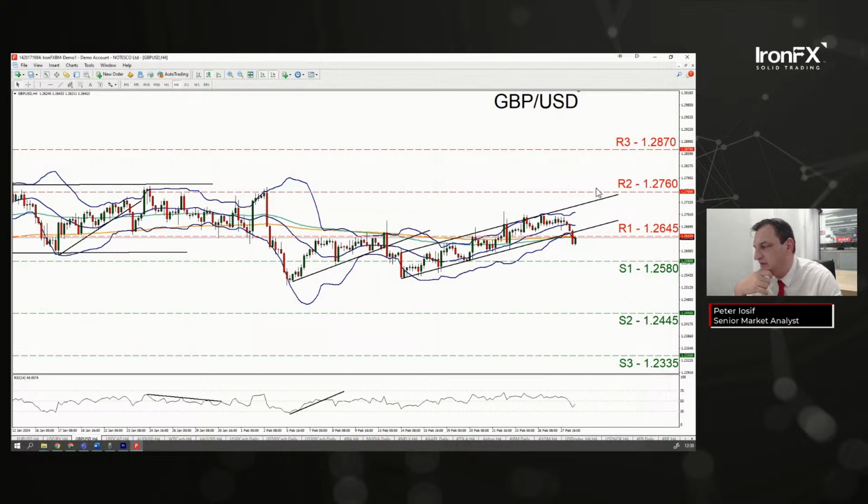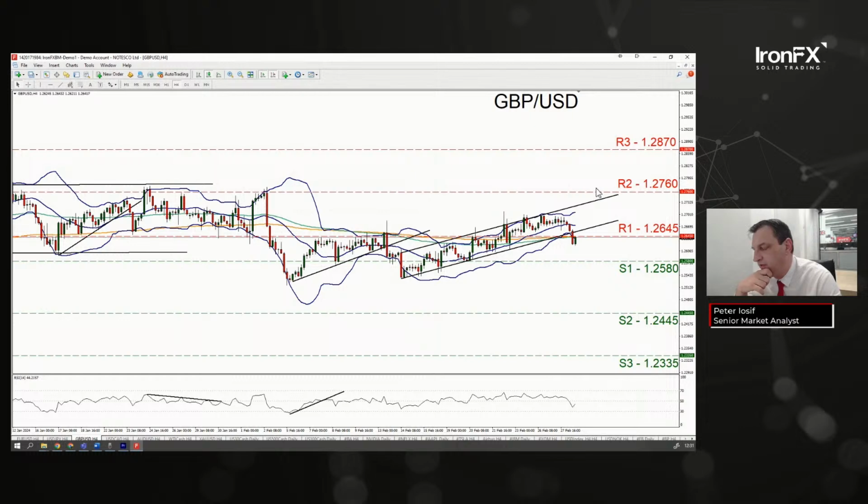Now, for the time being, the direction, in our opinion, seems to be downward, despite the correction higher, which was expected given that the price action, like in Euro USD, was able to breach the lower Bollinger Band and was forced back upwards.